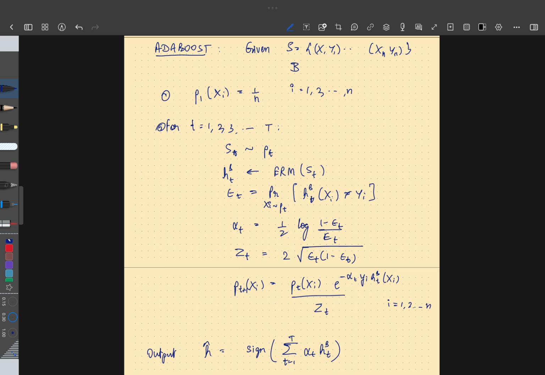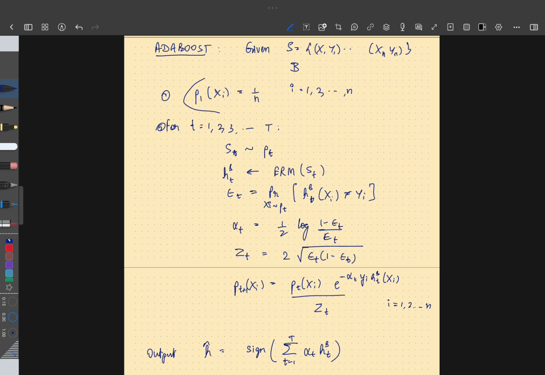All right. So the AdaBoost algorithm tries to obtain a classifier that can be expressed as a linear combination of base classifiers, and it turns out that this can actually achieve vanishing training error. In the AdaBoost algorithm, we start with a distribution on the data points.